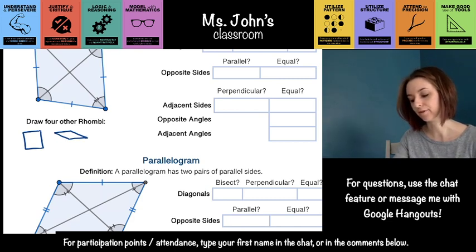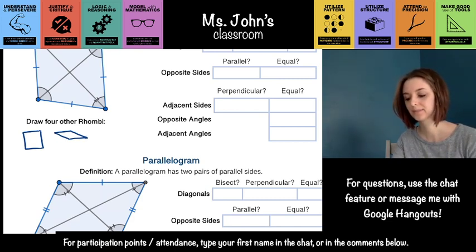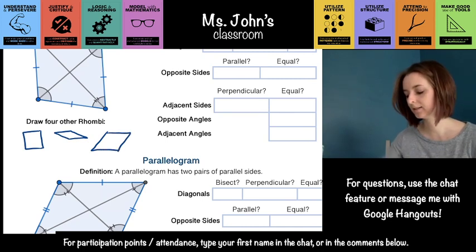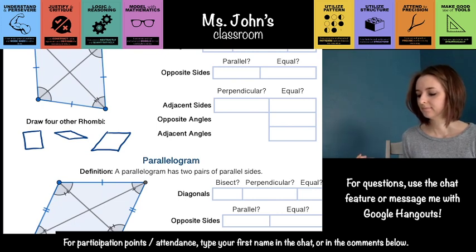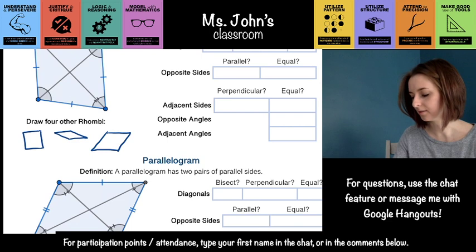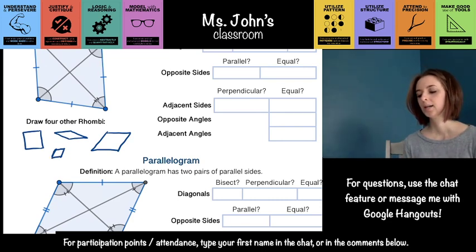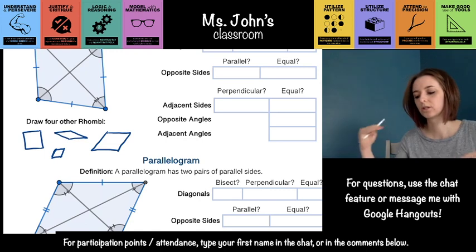As long as all four sides look the same, it's still a rhombus. It could also be a less extreme version, maybe bigger. And maybe I'll draw a slightly tipped tiny one. There you go.